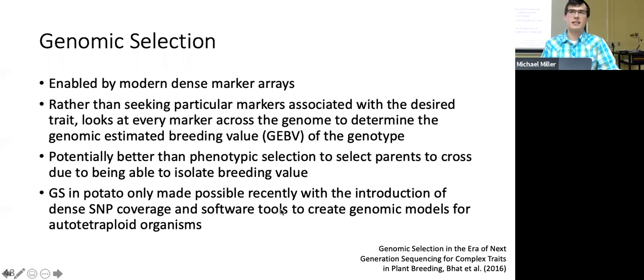This works really well for selecting parents in a cross, being able to separate things like dominance effects from the breeding value, which is what you're actually able to pass on to offspring. This is especially useful in tetraploid potato because you see even more dominance effects when you have 4 different alleles at the same site.